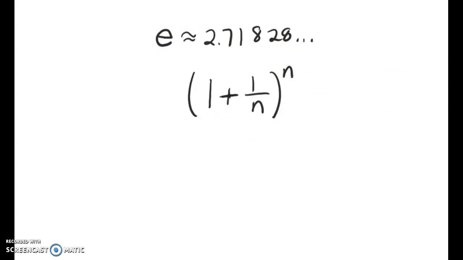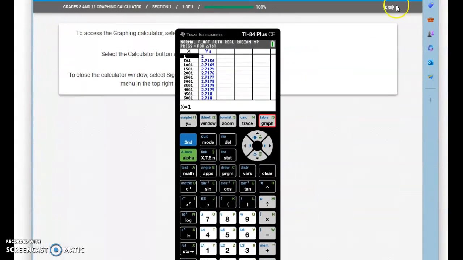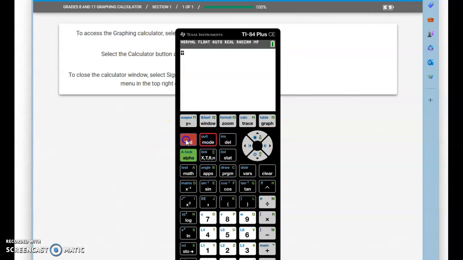And I have it rounded here to 5 decimal places, but you can see this is an irrational number. We don't have an exact value. Similar to pi, right? It continues on forever. If you hit second e, there's 2 places on the calculator. This one automatically puts in a spot for the exponent.